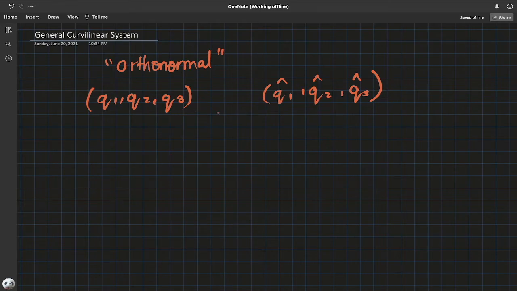And since they're orthonormal, if I represent them as qi hat with a subscript, I want qi hat dot qj hat to be equal to the Kronecker delta ij. I want this condition, otherwise we wouldn't get a Kronecker delta if they weren't orthonormal.